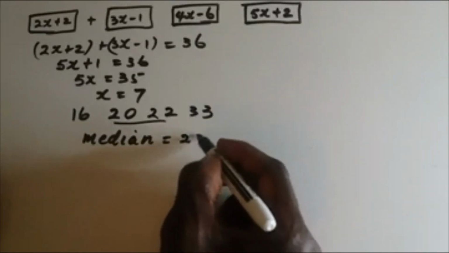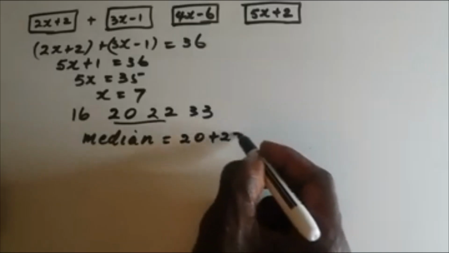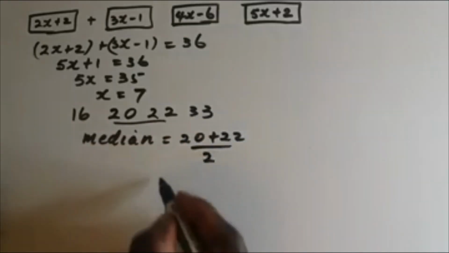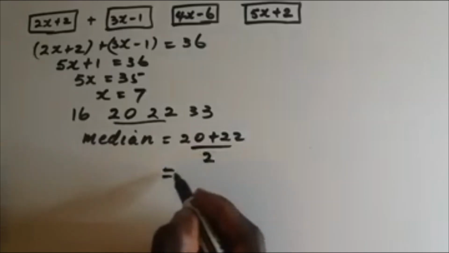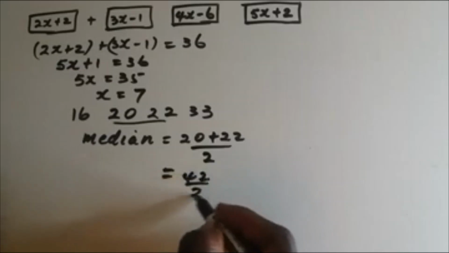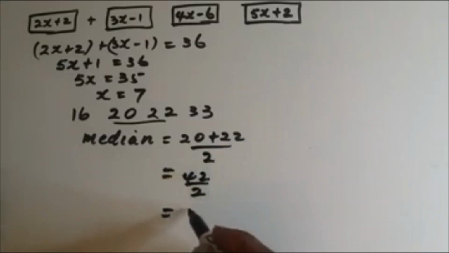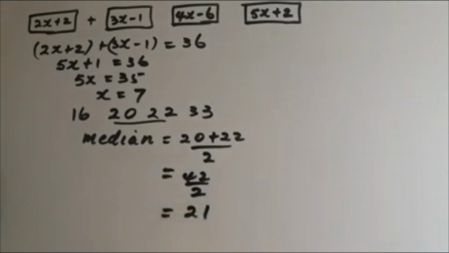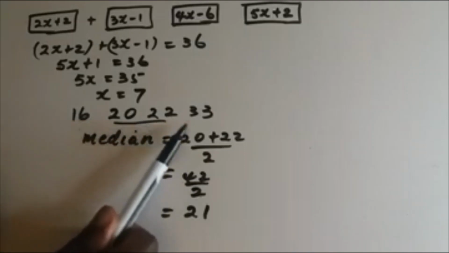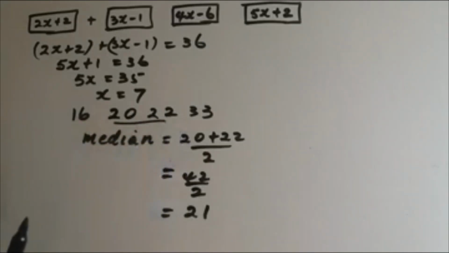So we add 20, add 22, and divide that by 2. And that leaves us with 42 divided by 2 is equal to 21. So 21 is our median of this list of data.